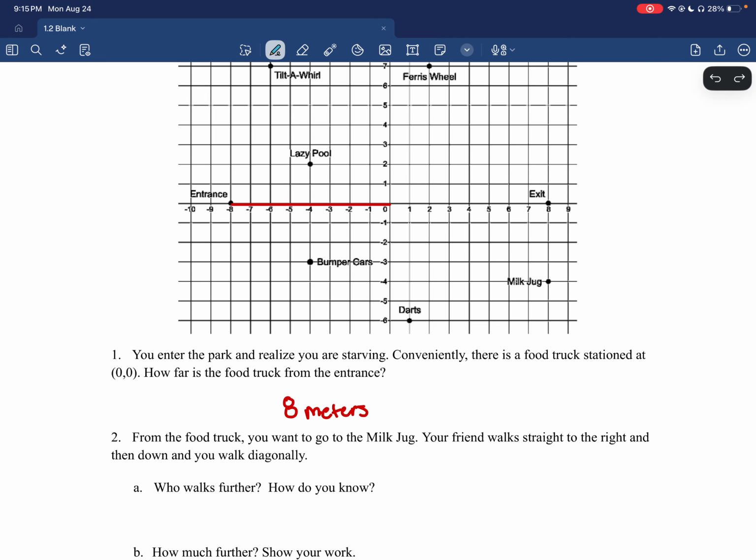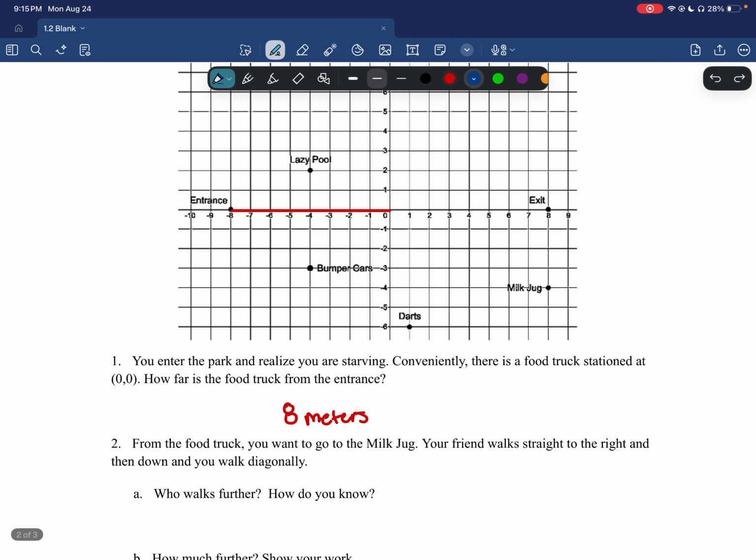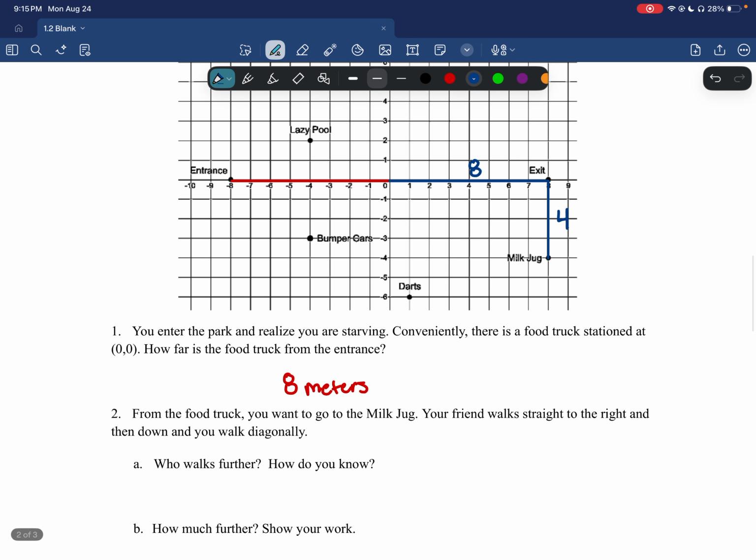Well, our friend is walking straight to the right and then he walks down. So our friend took 8 units to the right and then 4 units down. So he is walking 8 plus 4, which is 12 meters.